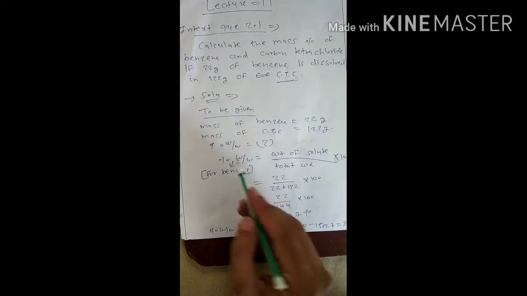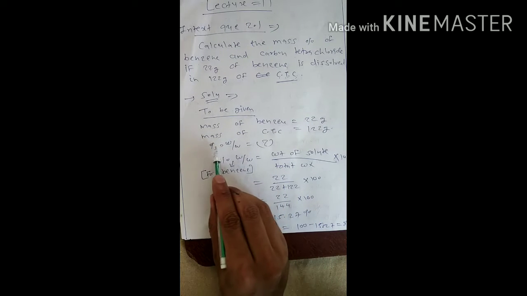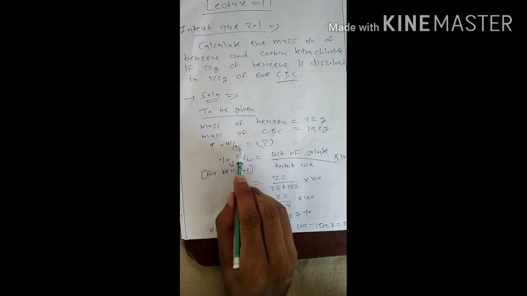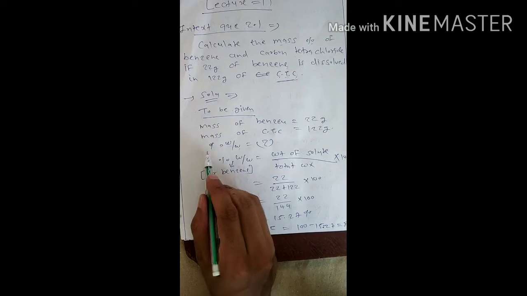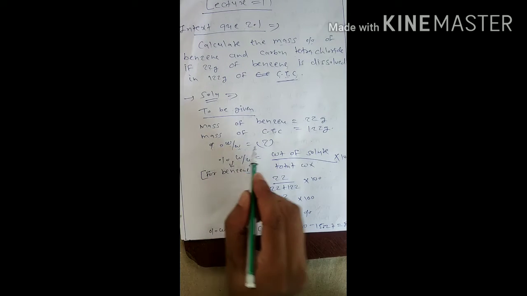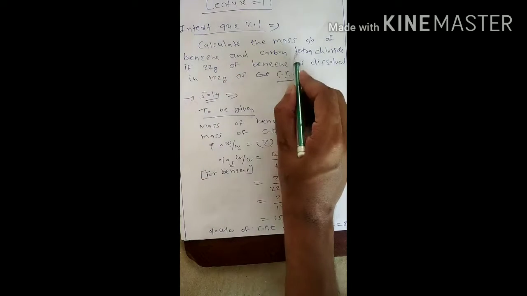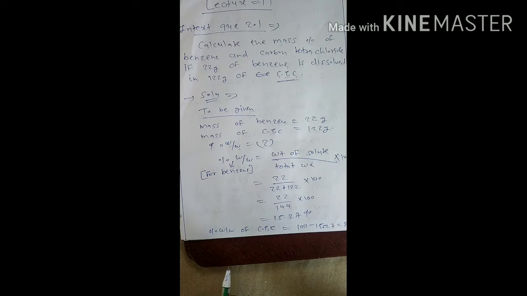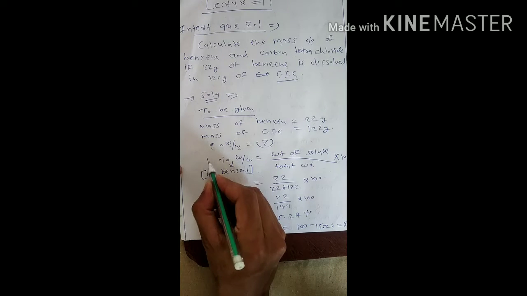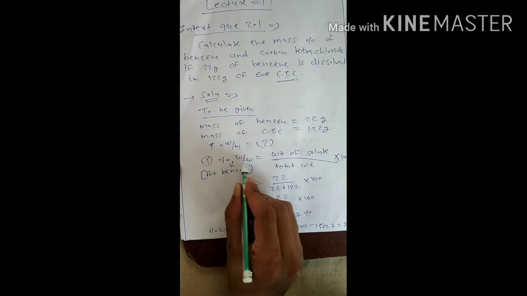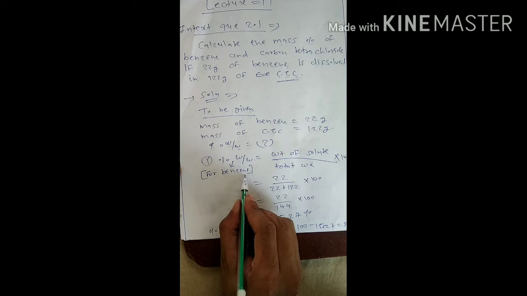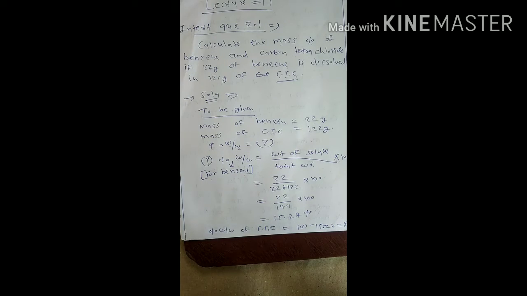Okay, what we have to find out? Percentage weight by weight. We have to calculate it for each component, benzene as well as carbon tetrachloride. Now first one, percentage weight by weight for benzene. What was the formula?